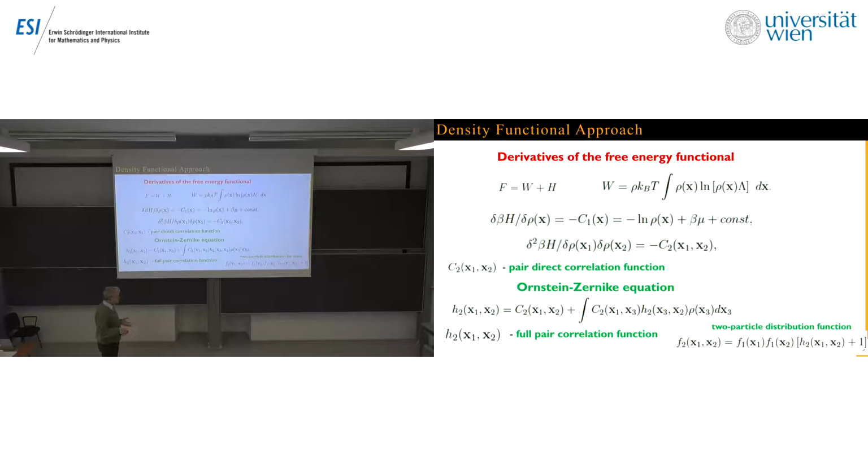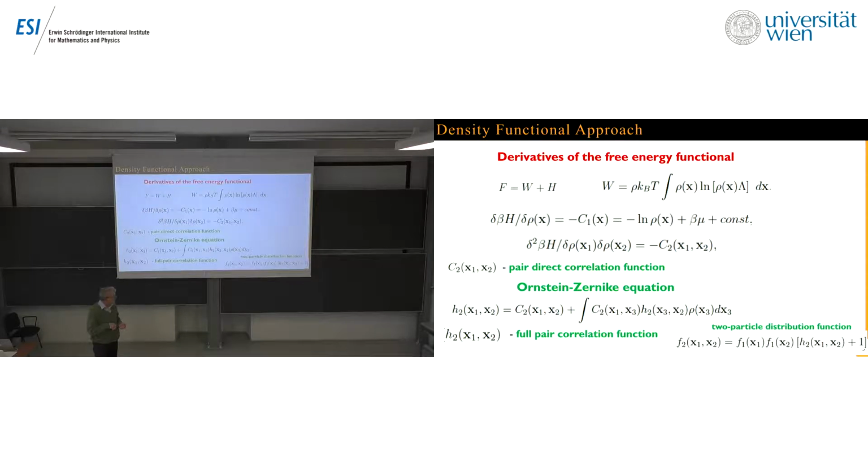And then finally, if we want a formal definition of this full pair correlation function, then it is given by this standard formula in statistical mechanics, where this is the two-particle distribution function, which simply tells us the probability to find particle 1 in the state x1 and particle 2 in the state x2.